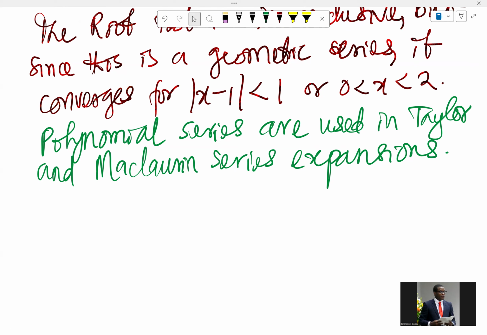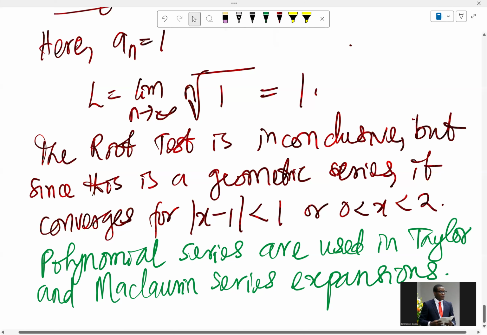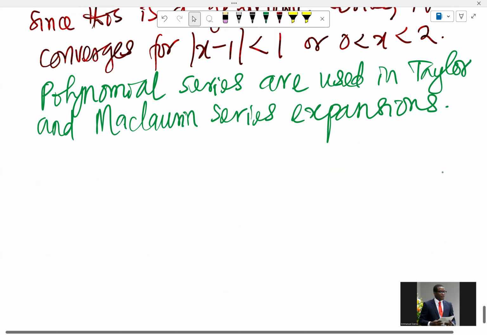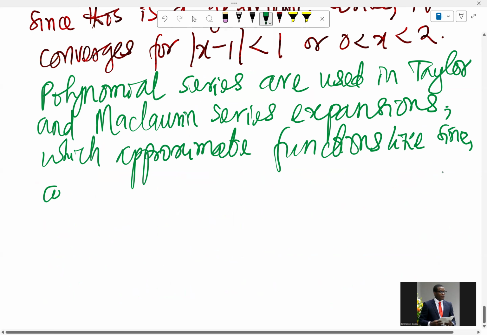So polynomial series are used in Taylor and Maclaurin series expansions, which approximate functions like sine, cosine, and logarithms.